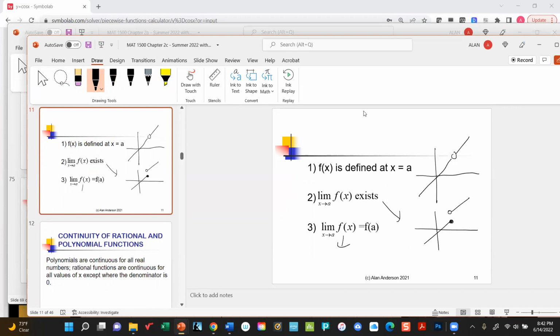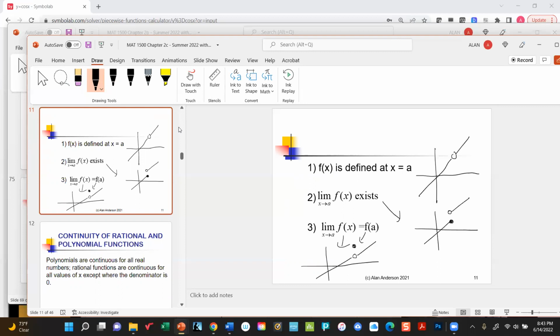And then here, we have the hole. We do have f of a, but the limit is not equal to that. Okay, so there's the three possible cases where we find that the function is not continuous at a point.